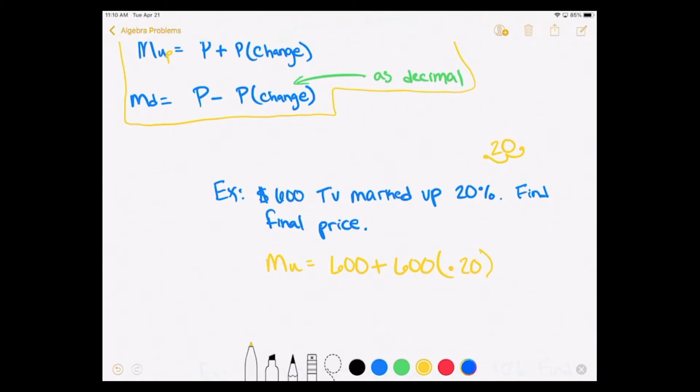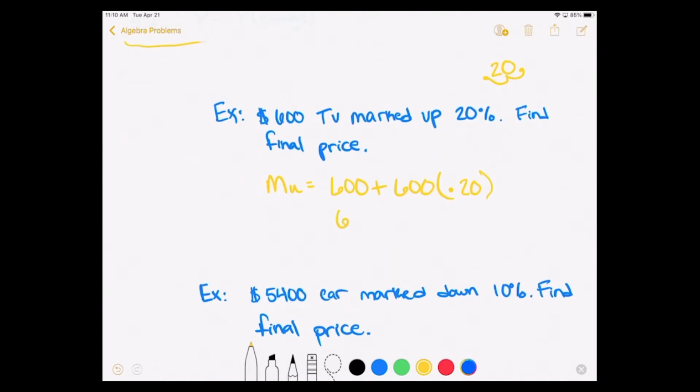I'm sure your phone calculator would suffice. They're not crazy numbers. I'm going to do it step by step. So 600 times 0.2 is 120. So in the end, my final markup price is $720.